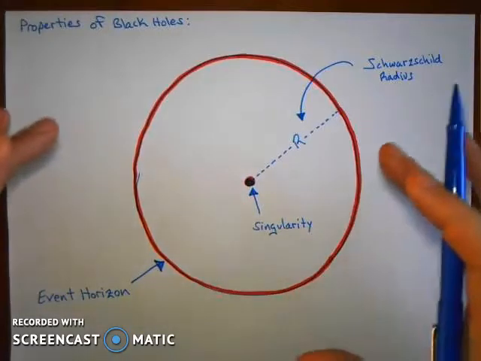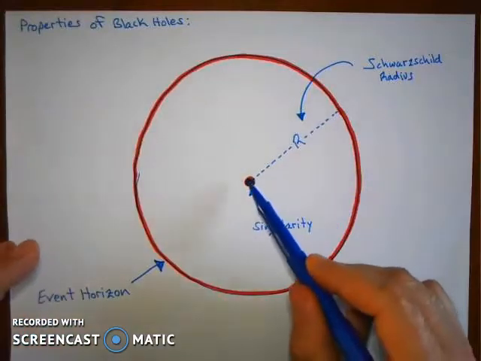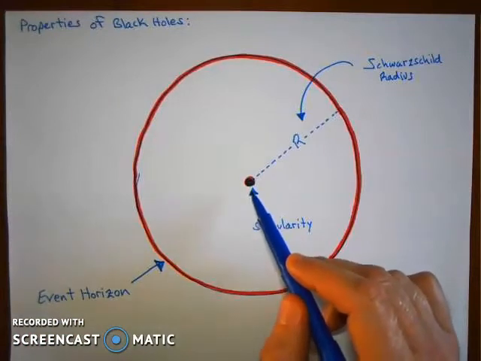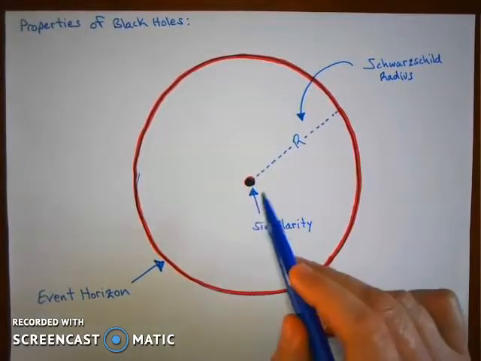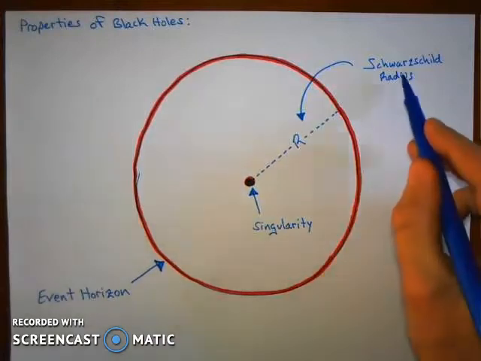And all of the mass is gravitationally compacted and contracted down towards that singularity, which is what we call the center of the black hole, the region in which the density approaches infinity and the point where all the mass resides. But a black hole has a radius. We call it the Schwarzschild radius.